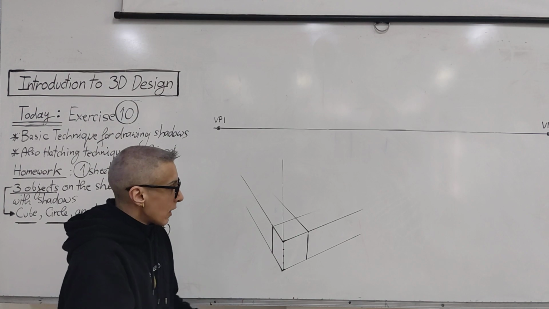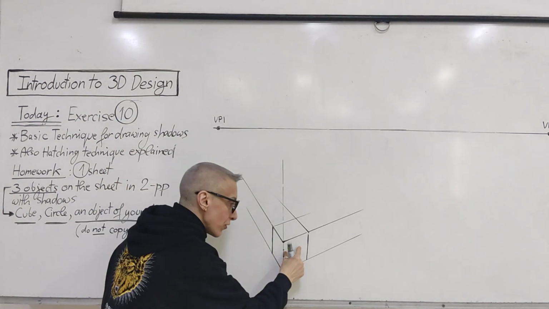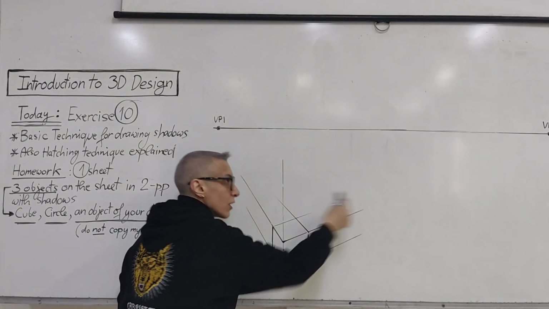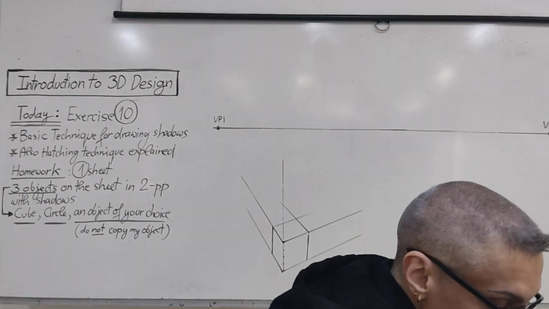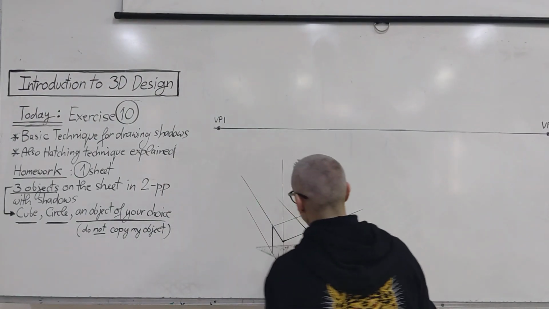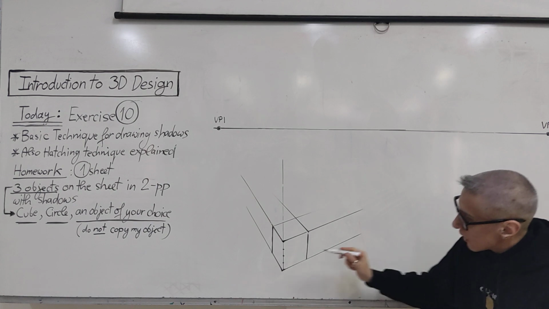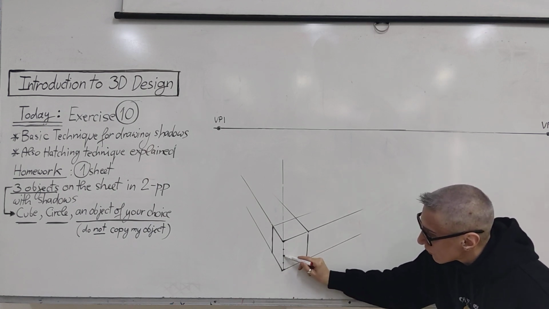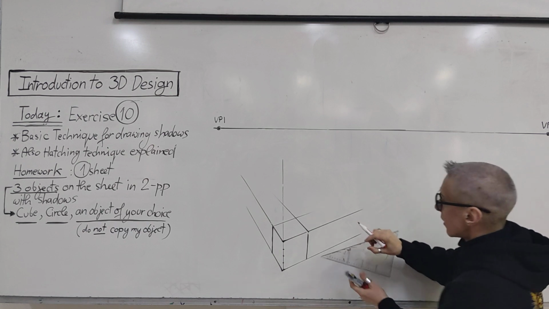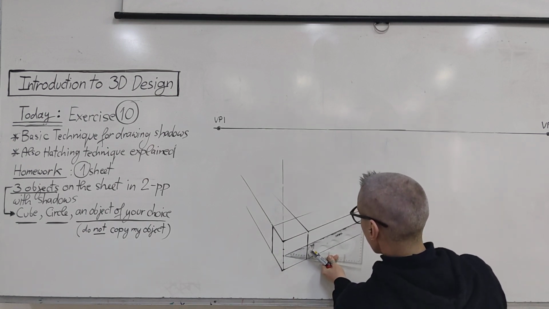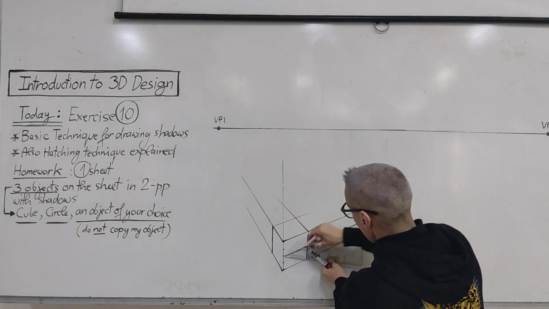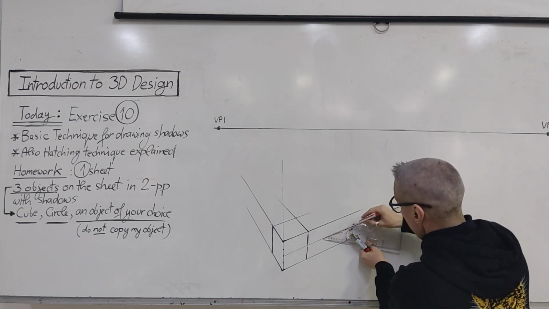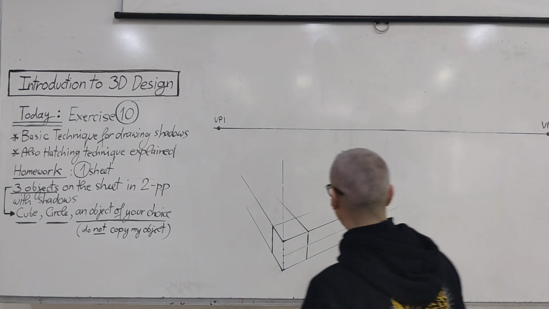Okay? How do I find the same size of cube but in the perspective locations? We divide using the division of the unit method. How? The midpoint of this line is at 2 centimeters. So we take this to the vanishing point.